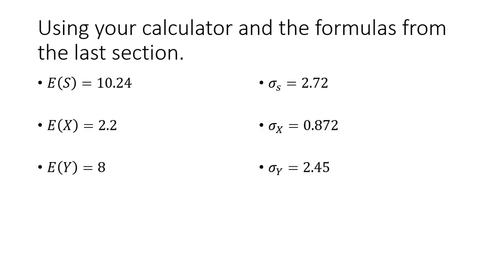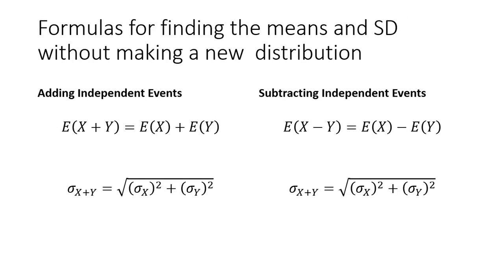Now, if we only had two, and not very many points, it's not that difficult to do it. But what if we had a lot of different outcomes for each, and we wanted to find them a quicker way instead of just making a brand new table and doing that? And so if you don't want to make a brand new table, you can use these formulas for when you're adding or subtracting these independent events.